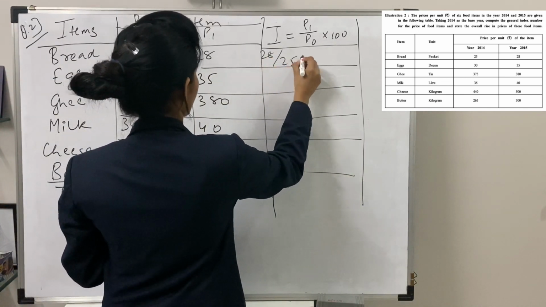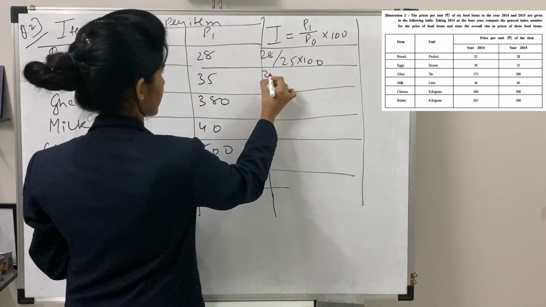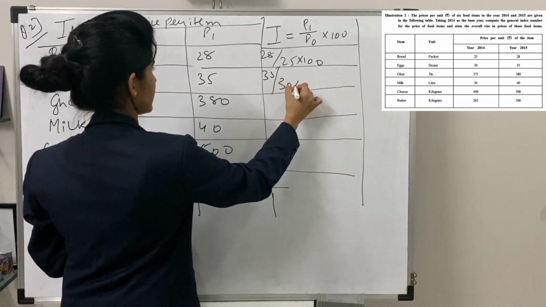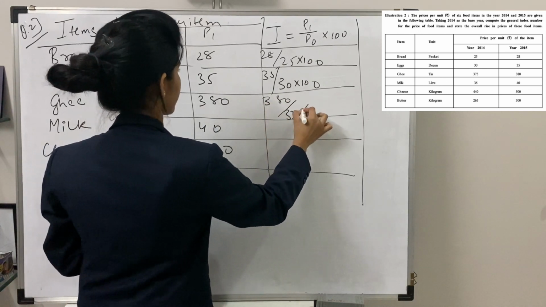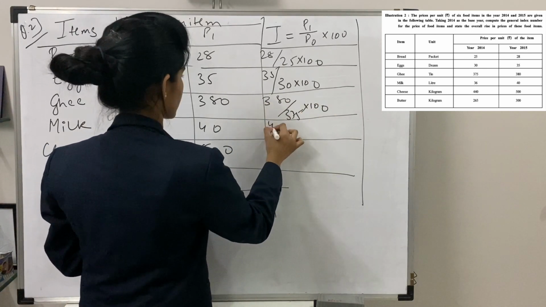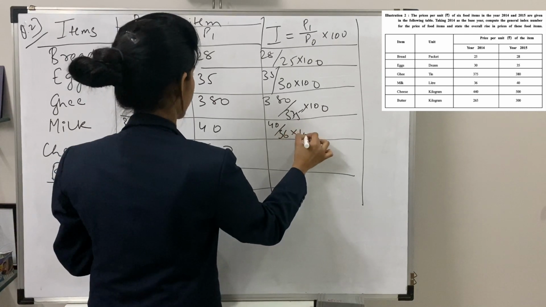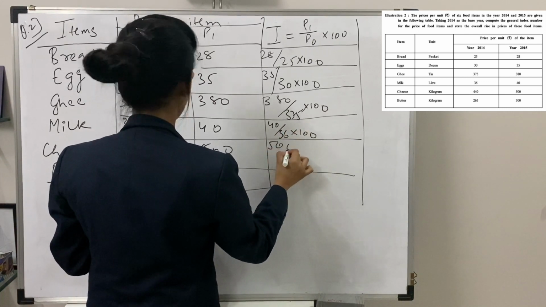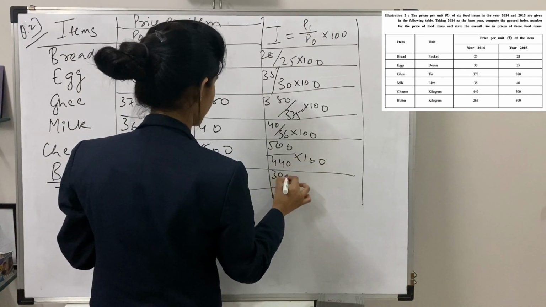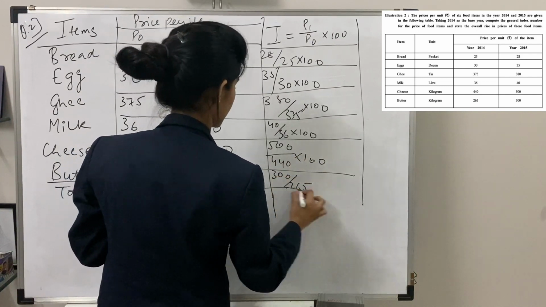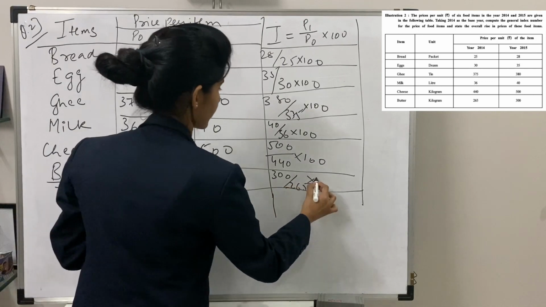Next is your 35 upon 30 into 100. The next is your 380 upon 375 into 100. Next is 40 upon 36 into 100. Next is 500 upon 440 into 100. And 300 upon 265 into 100.